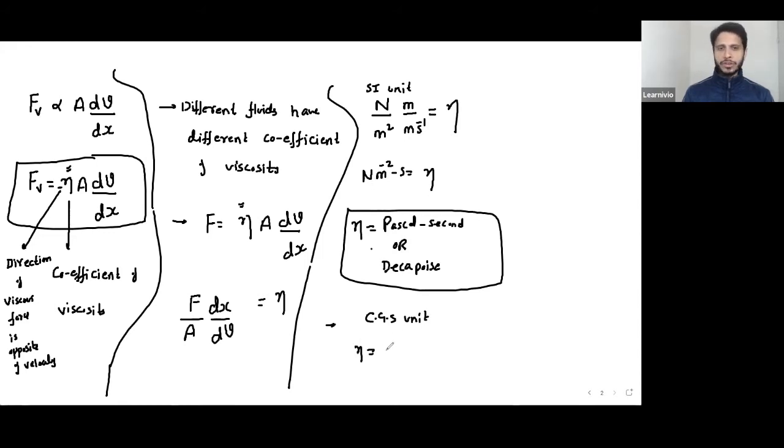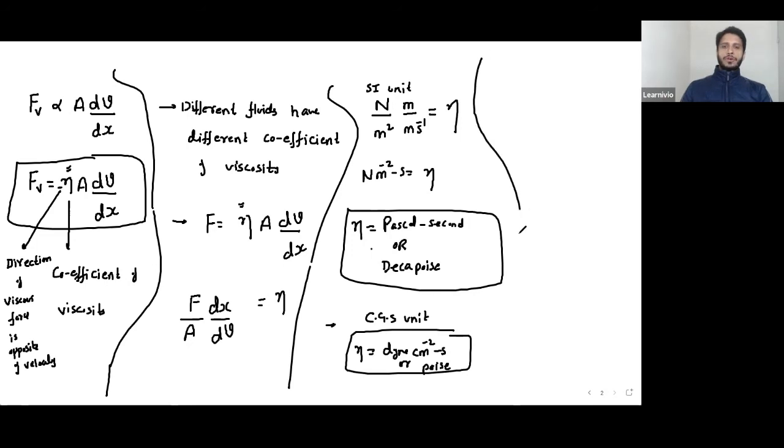Instead of Newton, just write dyne, and instead of meter, write centimeter, so dyne second per centimeter square. That's the CGS unit, which is called poise. This is the CGS unit of coefficient of viscosity.